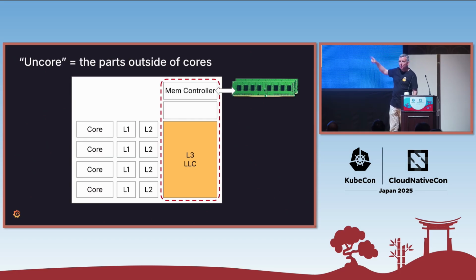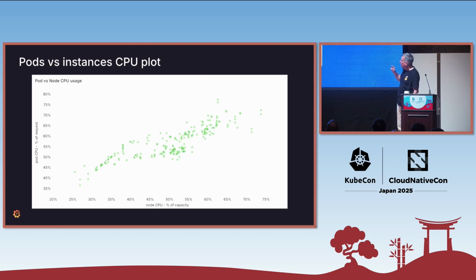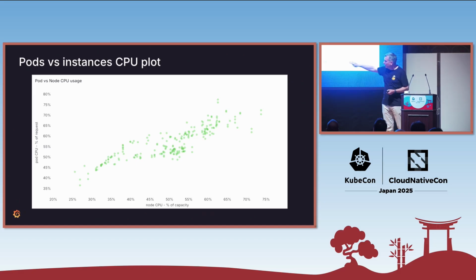The memory controller, the TLB. There's a bunch of things outside of the cores. These are shared resources. And so as you load up the node more, these shared resources get overused. They become the bottleneck, right? So I think that's what's happening here.